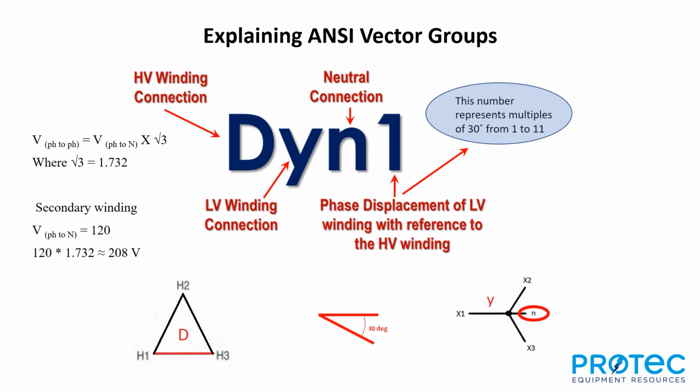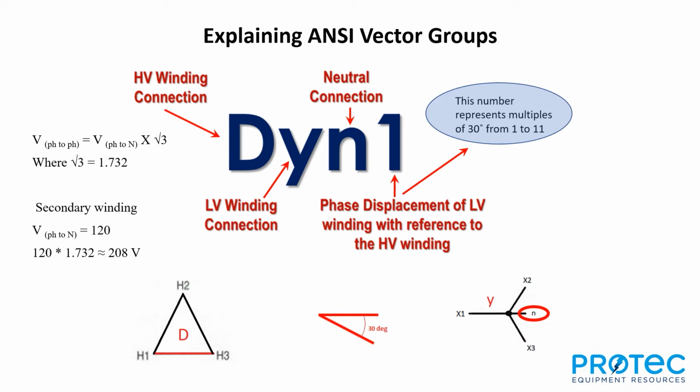If you see the formula off to the left-hand side of the screen, a phase-to-phase voltage is equal to the phase to neutral voltage times the square root of 3. If you were to punch that into your calculator, it would come up with a number approximately 1.732, and maybe however many digits your calculator would calculate that out to.